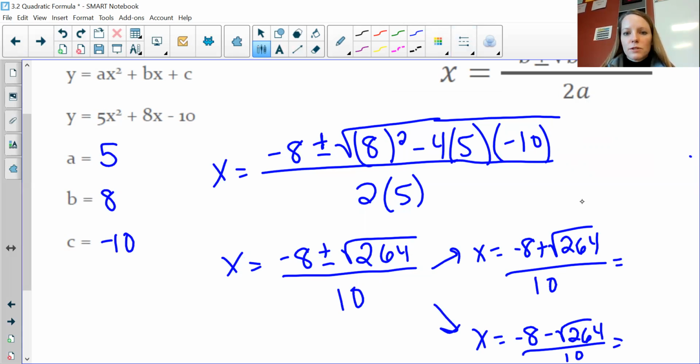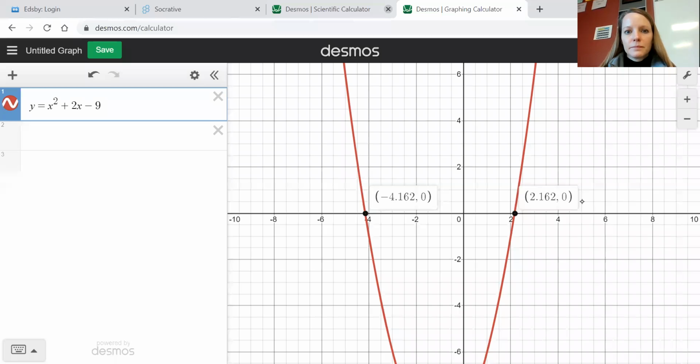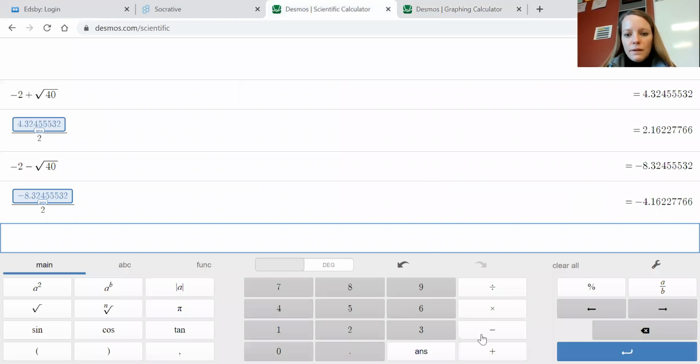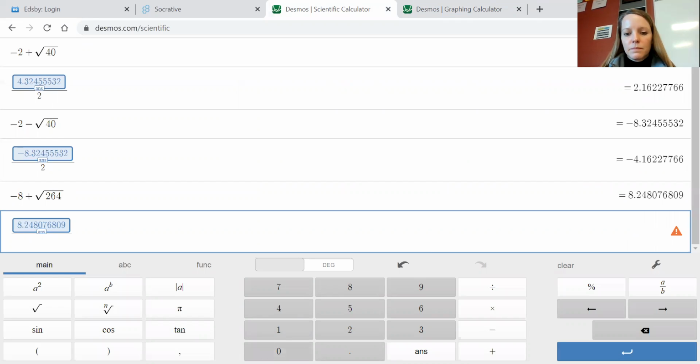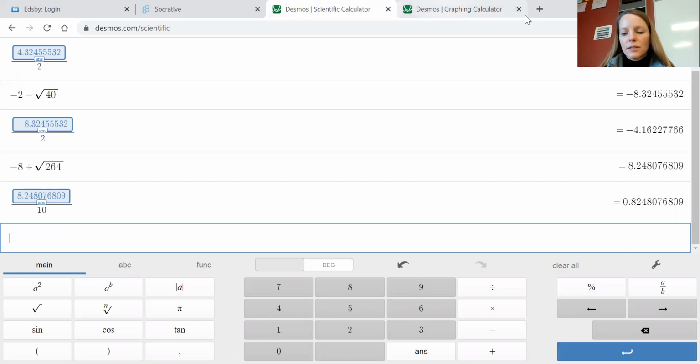Negative 8 plus the square root of 264, and then divided by 10, gives me 0.82.